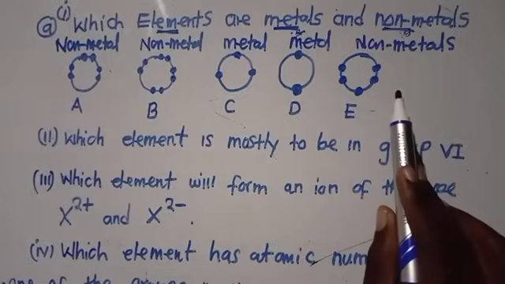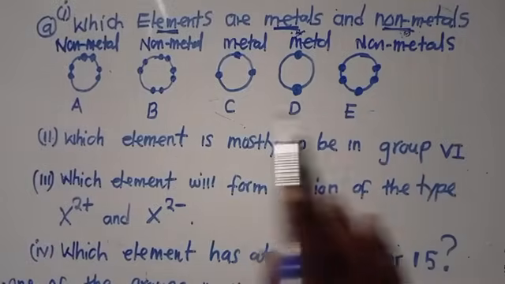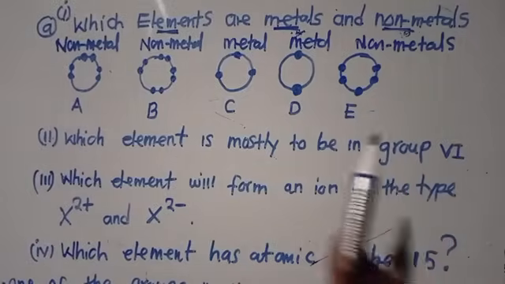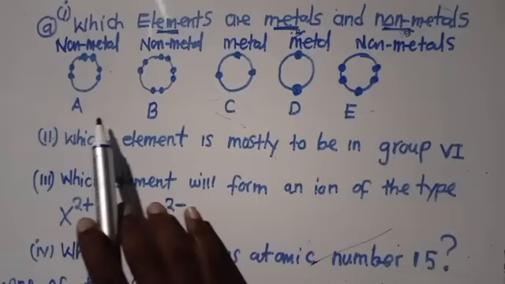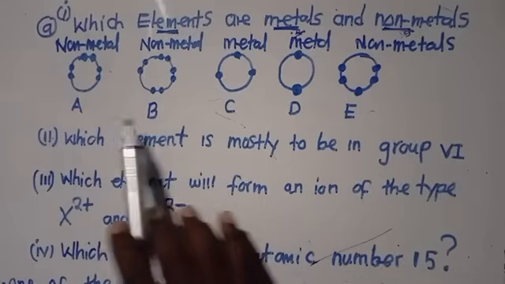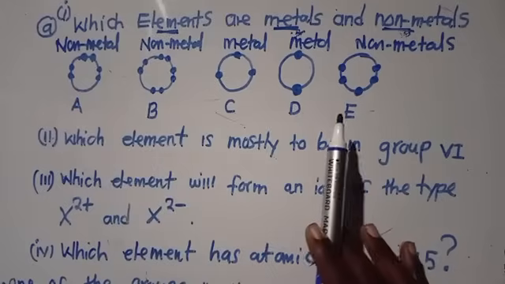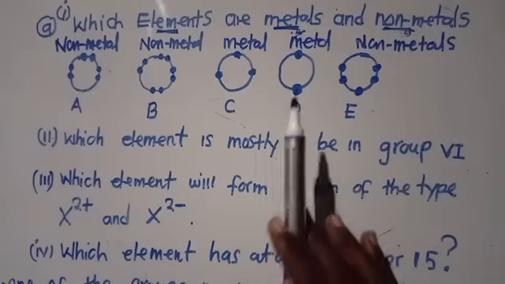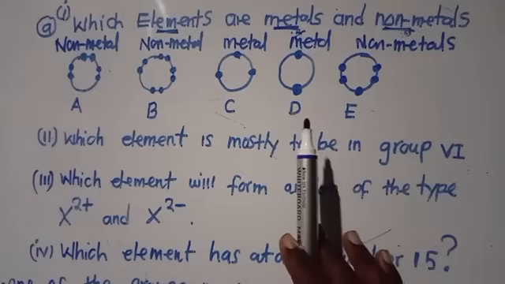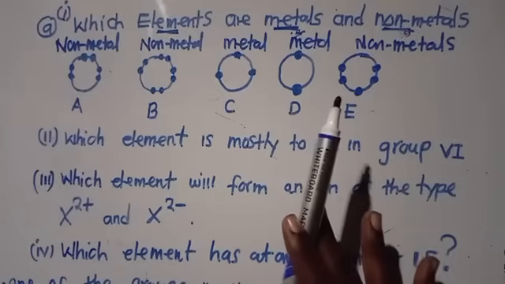If I was told to write ions from this, how can I write ions from this? You know that an ion is a charged particle or a group of charged particles. So I'm giving you answers now.